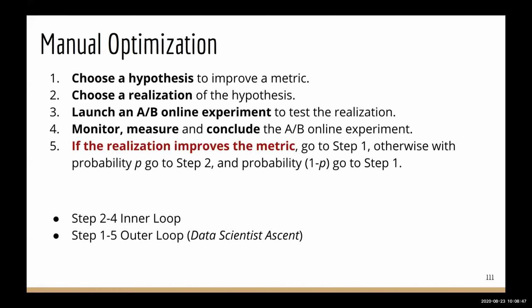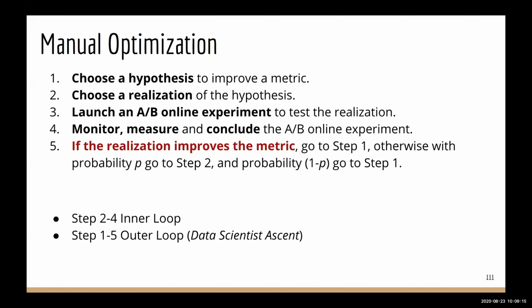And the fifth step, does the realization improve the metrics? Well, you have to do some analysis. Some analyses are more obvious than others, but typically a product manager or decision maker has to make a call: okay, this really means the metrics improved. So you can see that each step is more or less manual.